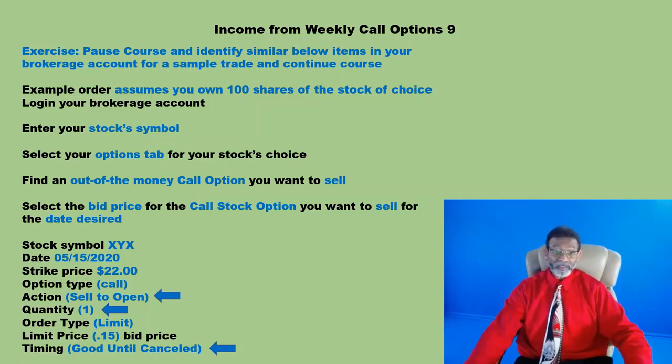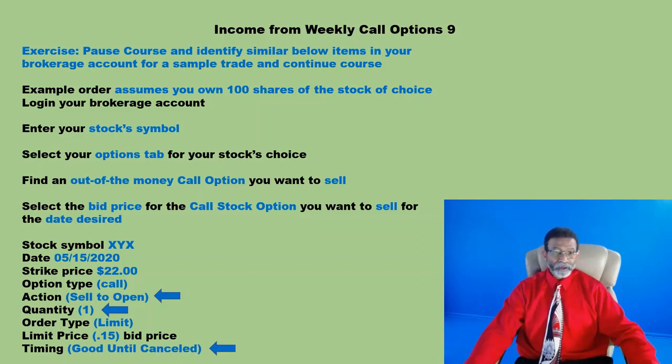In this case, for XYZ stock, in the date field, this example is for May the 15th, 2020. Now the strike price is the out of the money price you want to sell the option for.